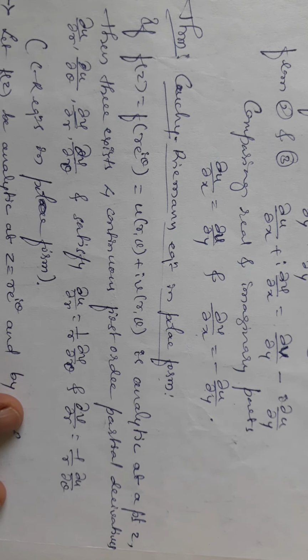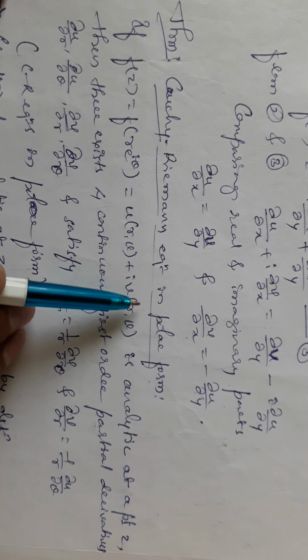Now we can have one more derivation, that is Cauchy-Riemann equations in polar form.